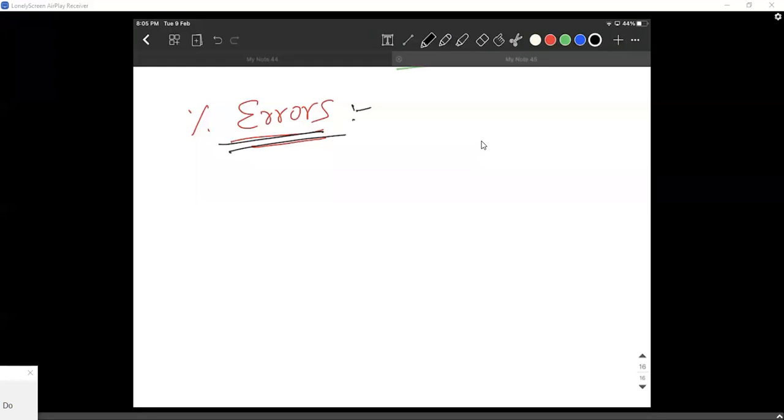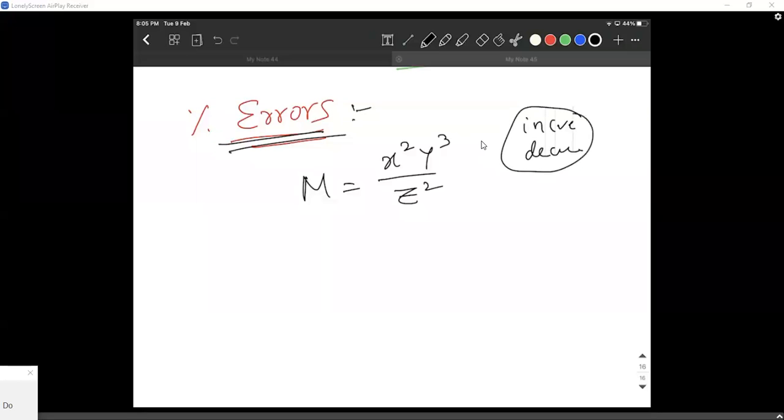Let us take the same quantity, m equals x square y cube by z square. But when it comes to percentage errors, there is no increment or decrement. They are both the same here. Whenever you write a percentage error, you don't write it as 1% or 2%.